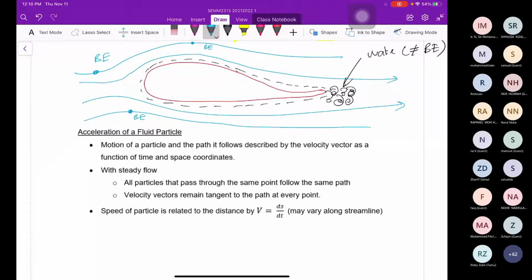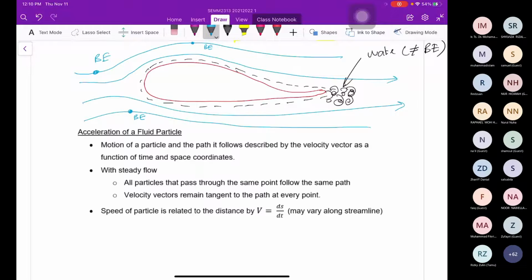Hairi and Nail, are you able to see my screen? Do you have any problem? No, doctor, can see. Okay. So, first I need to derive.